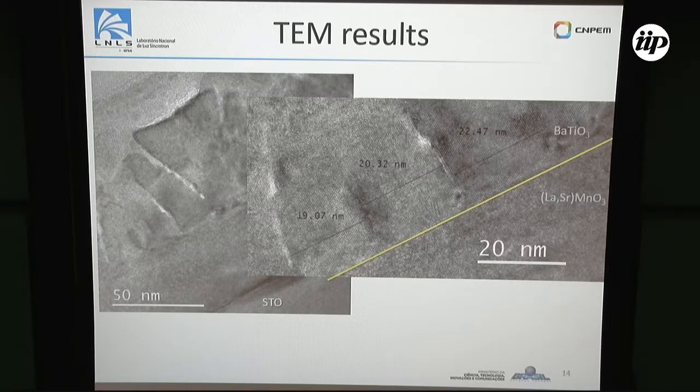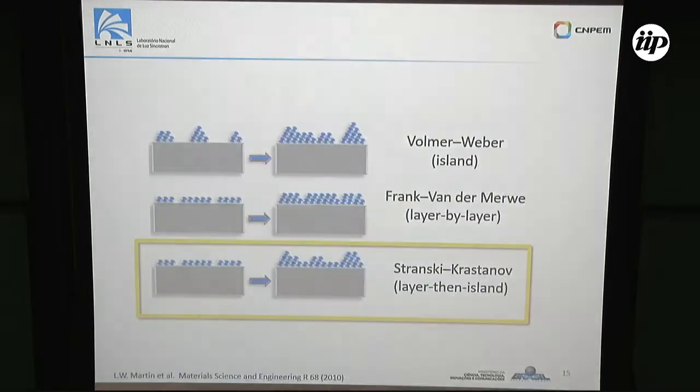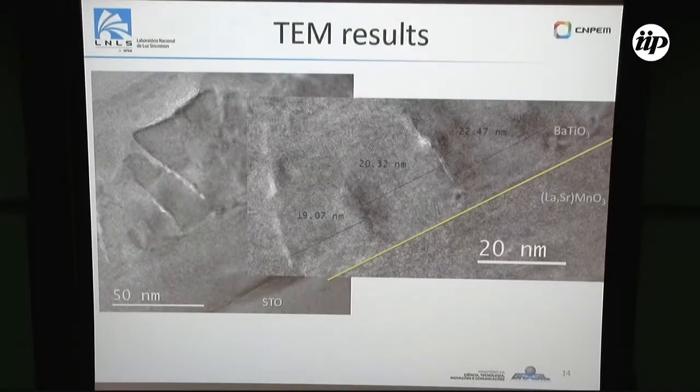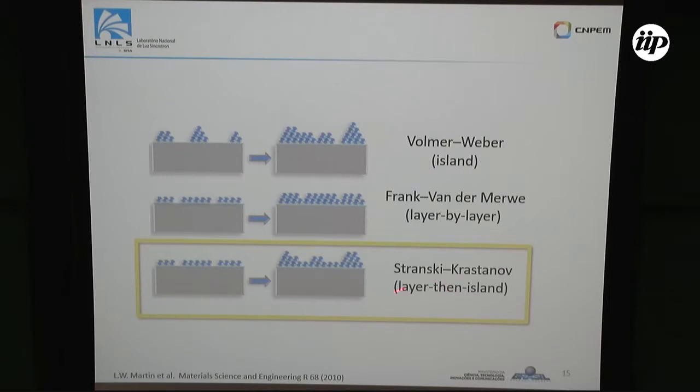To understand this better, thinking about this kind of island, we know this as layer-and-island growth. So we start the growth layer by layer, and something happened with the lattice, and then we start to grow islands.